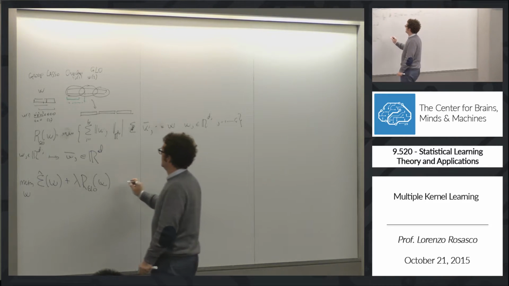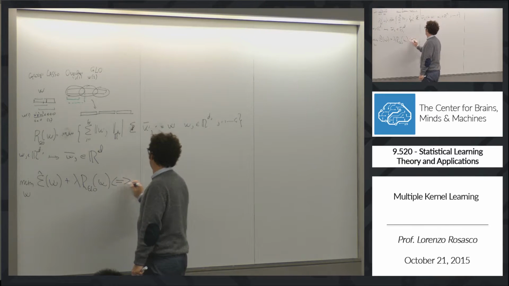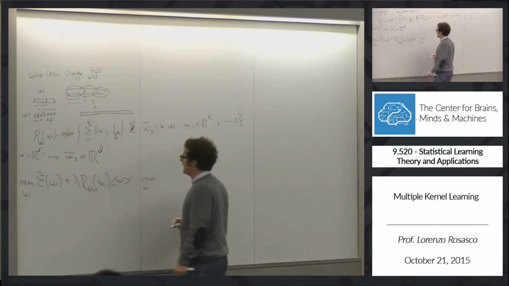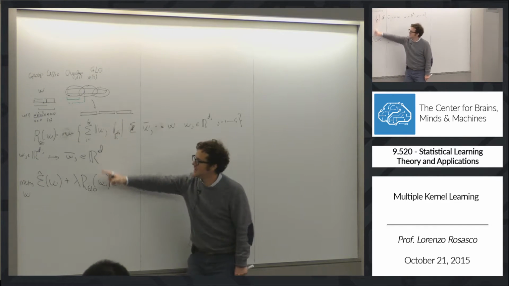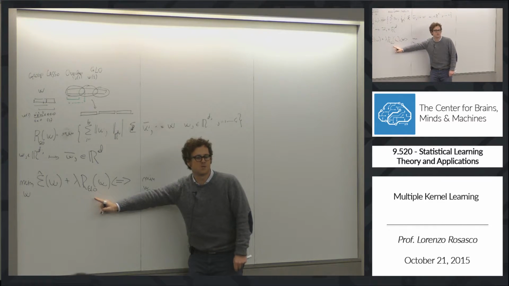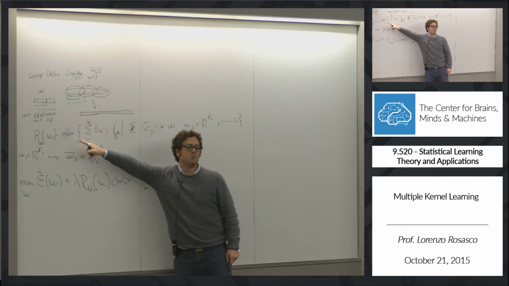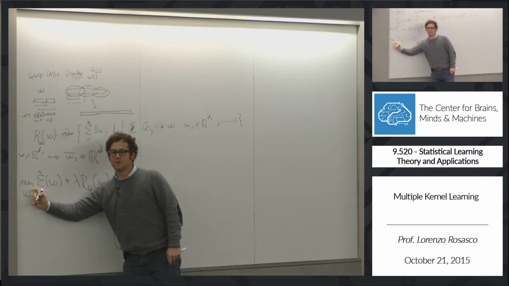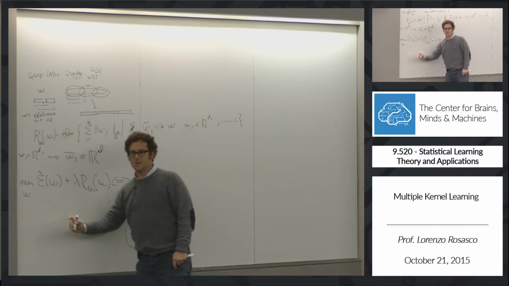How do you think we can do this? The idea is essentially that you see in the definition of this group lasso with overlap norm, there is a minimum. What I want to do is to put it in front of everything. Okay?